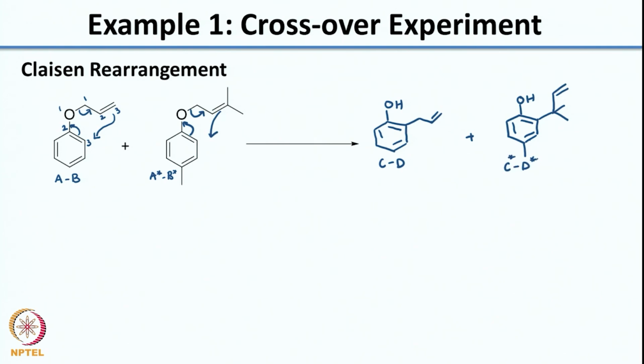Now, had this gone through any intermediate, one could think of this fragmenting to give say a radical. You could also think of polar intermediates. And again we had seen this earlier, so this should be just like revision for you.